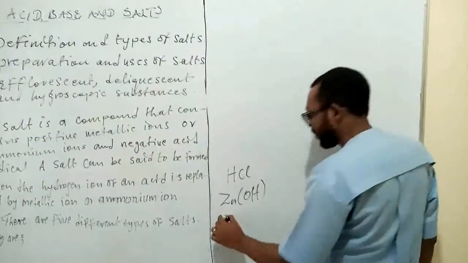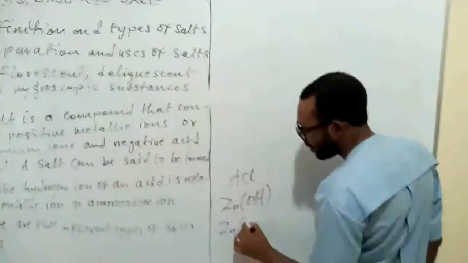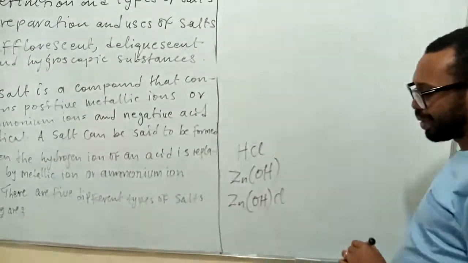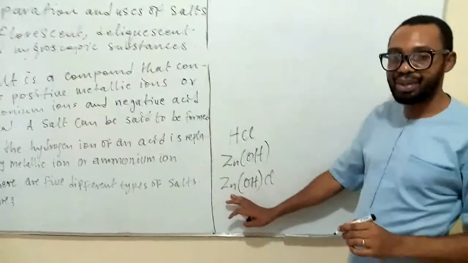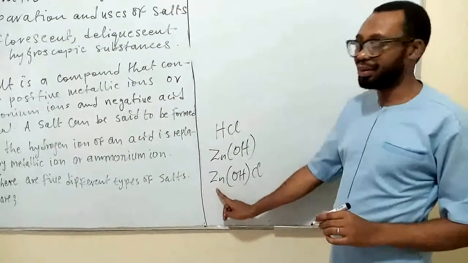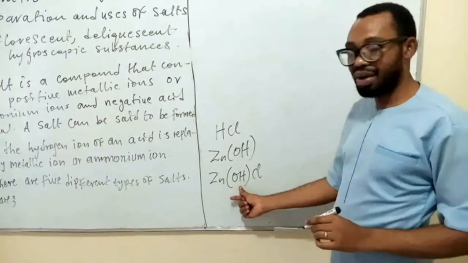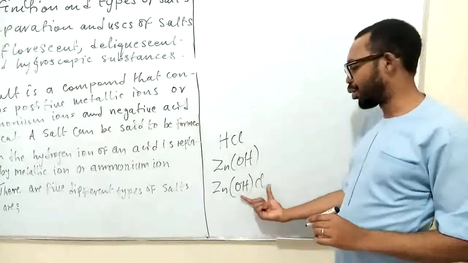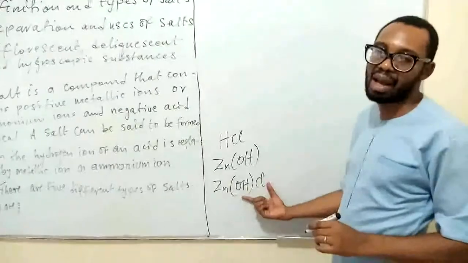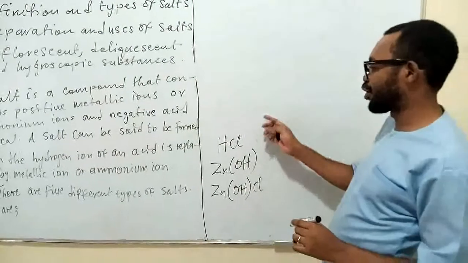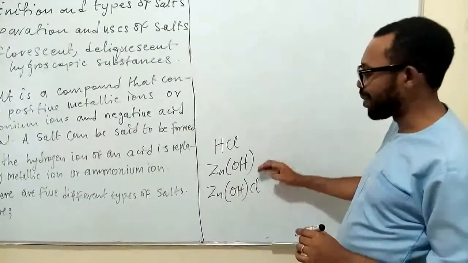But if I have ZnOHCl, this is no longer a base, but a salt, because it contains a metallic ion and an acid radical ion, negative radicals. Is that clear?